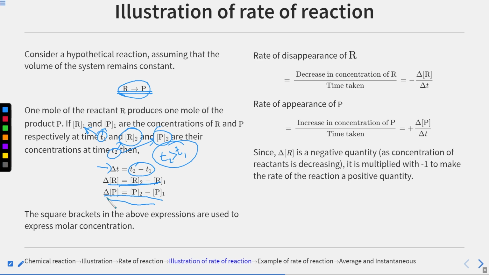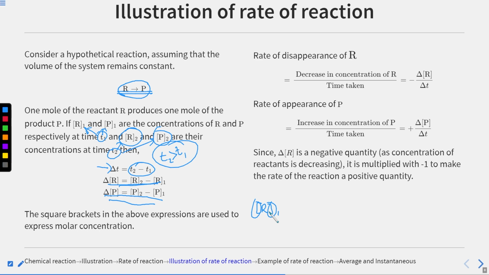The thing to keep in mind throughout this chapter is the square brackets that we use back and forth. Whenever a reacting species is put between square brackets, it means we are talking about that species' concentration. Is this clear? So square brackets represent concentration.